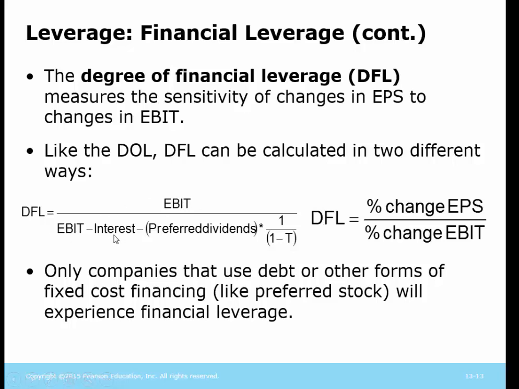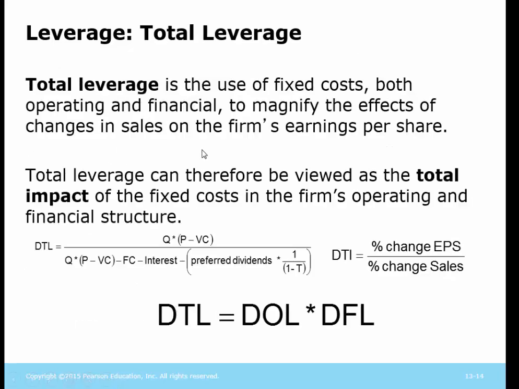And you can see here, if we have any kind of financial costs, interest or preferred dividends, that will decrease the denominator. And if we're decreasing the denominator, the degree of financial leverage goes up, which means in the end, we will have more risk. The leverage is going to go up, but in this case, leverage is going up from fixed cost financing.